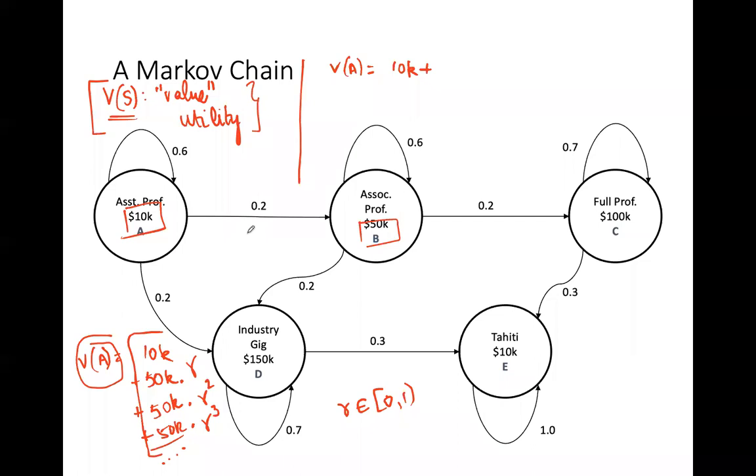That's simply the summation over the future states I could find myself in, weighted by the probability that I end up in those states. That's just the definition of the expectation of a random variable. And remember, we'll also discount.